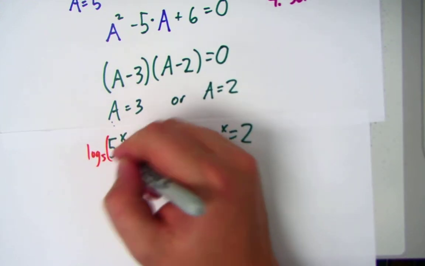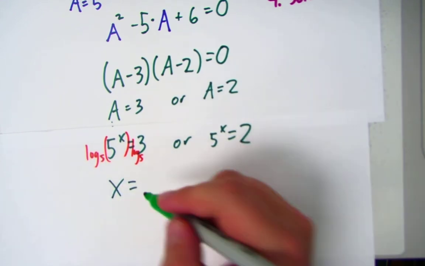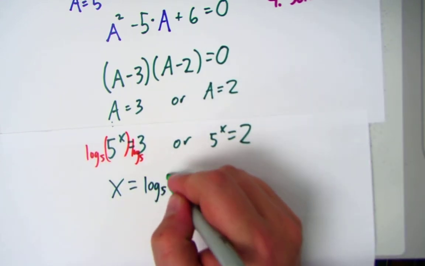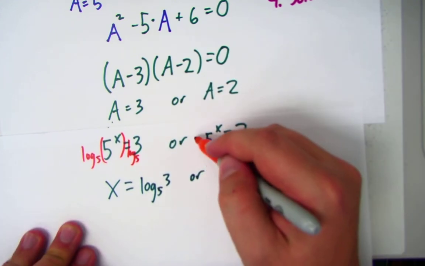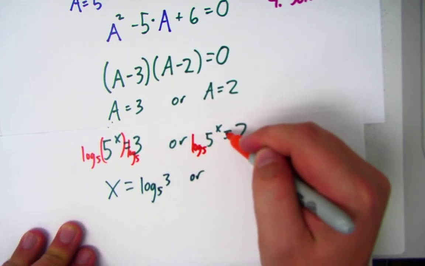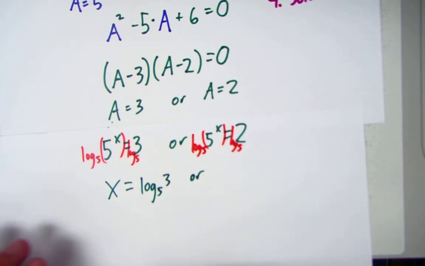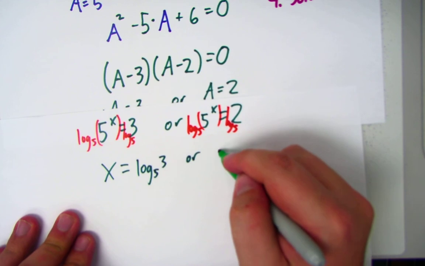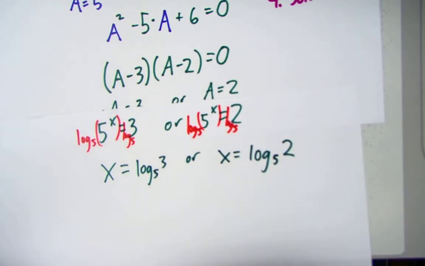If I do log base 5 of 5 to the x, it becomes just x equals log base 5 of 3. Same with this one. I'm going to do log base 5 of both sides. And this becomes x equals log base 5 of 2.